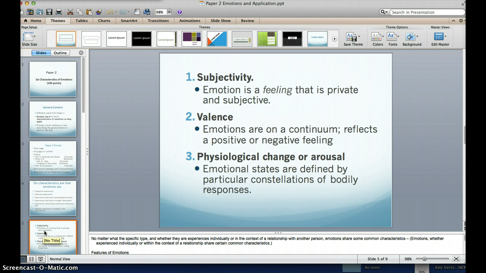The first characteristic is subjectivity. It refers to the fact that emotion is a feeling that is private and subjective. This means that the experience of emotion can vary from person to person. Two or more people can be participating in the same event and have very different emotions. For example, in your scene, a character just learned about her admission into college.